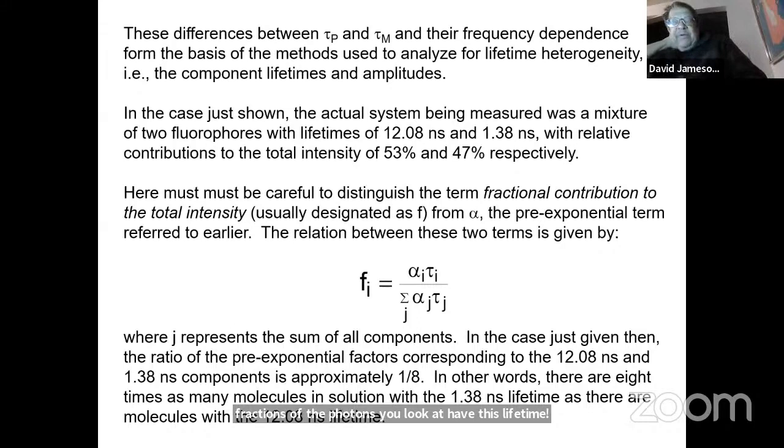But it did cause some confusion. Nowadays, regardless of how you do the measurement, in most instruments you can report both the fractional intensity and the pre-exponential factors. Okay, so that's something to just keep in mind if you ever look at the literature.